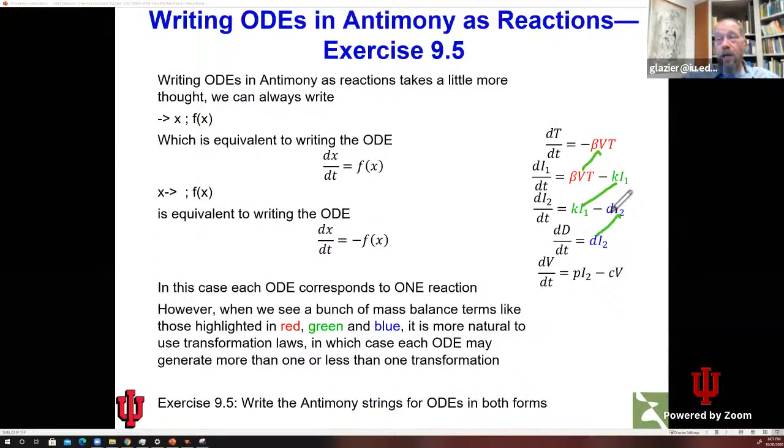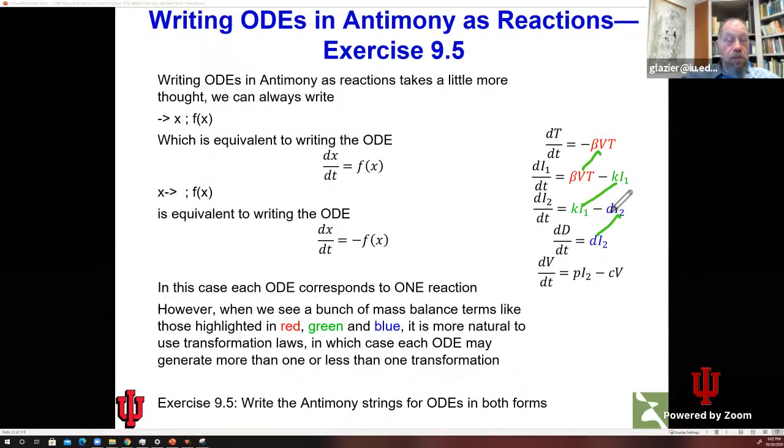And so now what I'd like you to do is look at these 5 ODEs and write the corresponding antimony strings for them.